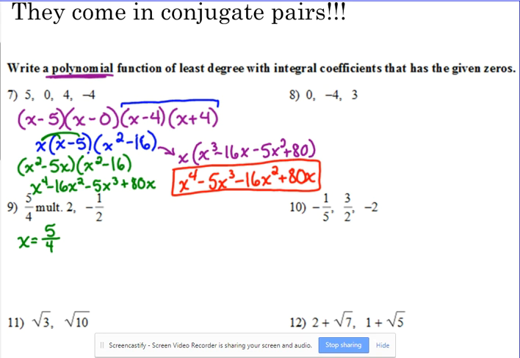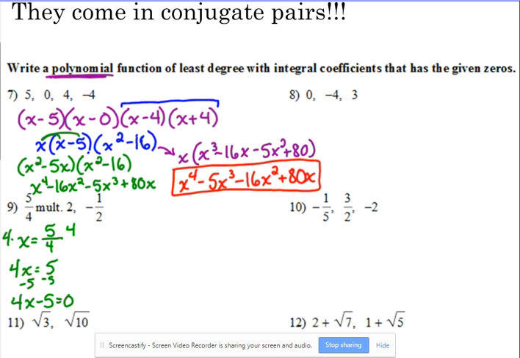I've got to get this equal to 0. So I start by multiplying both sides by 4. So we get 4x equals 5. And then I've got to get it equal to 0, so I've got to subtract 5. So 4x minus 5 is the linear factor that gives us an answer of 5 over 4.